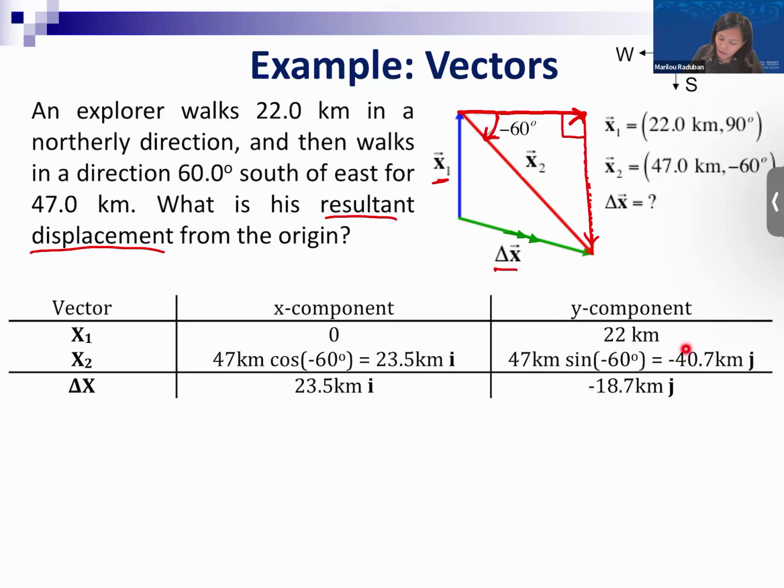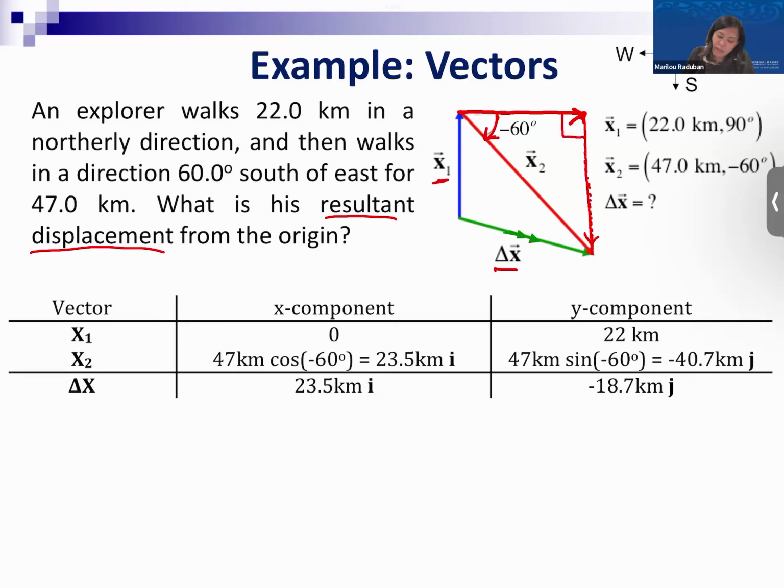Then you calculate the magnitude of the y component using the sine theta function: 47 kilometers, which is the hypotenuse, times sine of the angle. Sine negative 60 degrees will give you negative 40.7 kilometers. For the direction, notice how the y component is pointing downwards, and therefore that's consistent with a negative j hat direction.